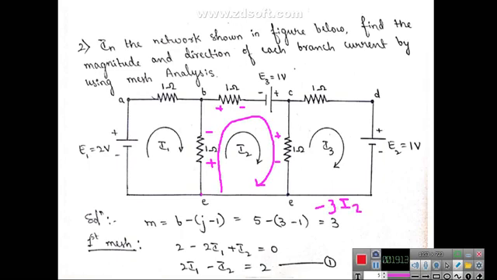This current is flowing from negative to positive, a rise in potential, therefore you can write it as plus I1. Also this 1 ohm resistor carries the current in the opposite direction, that means negative to positive, rise in potential, so I can write it as plus I3.